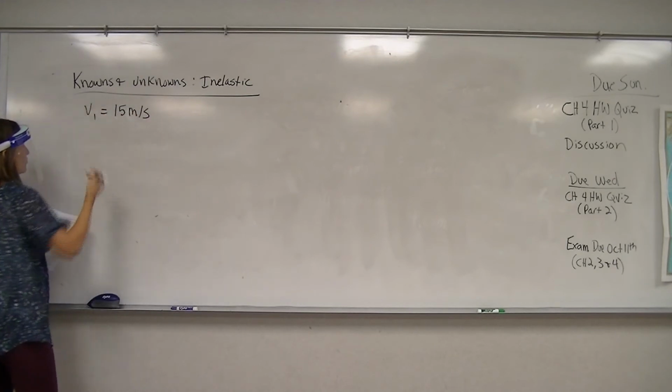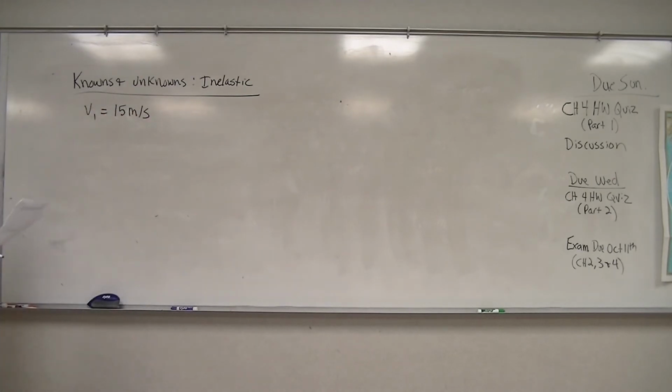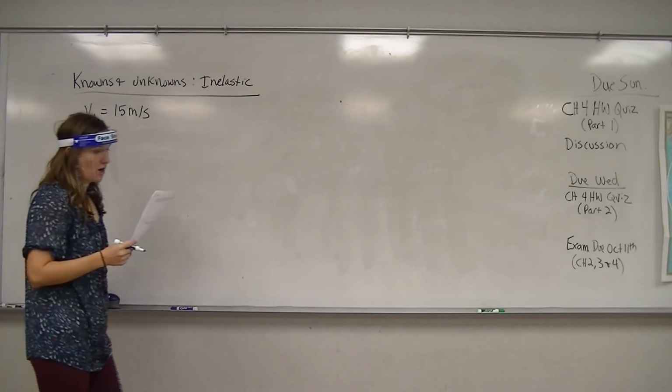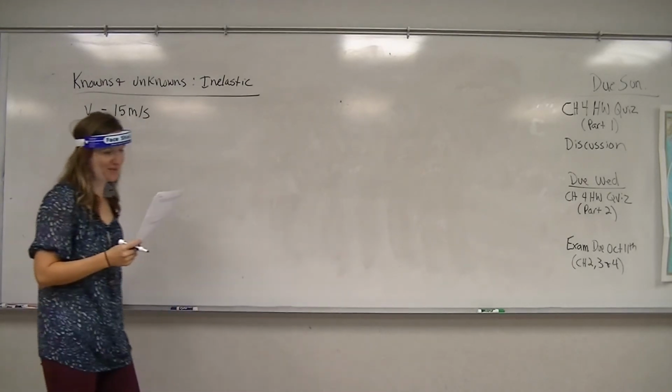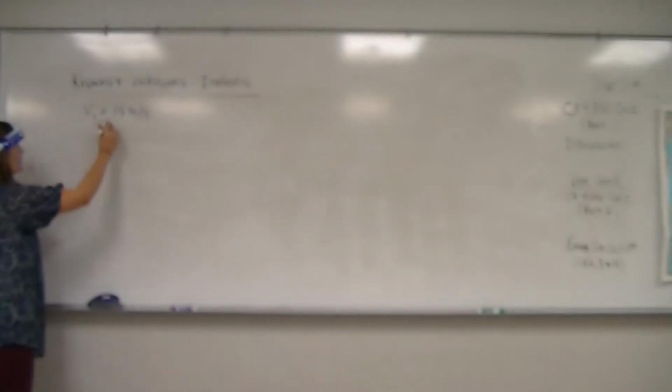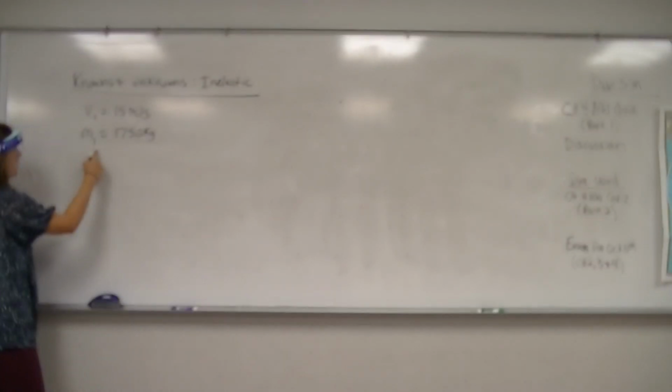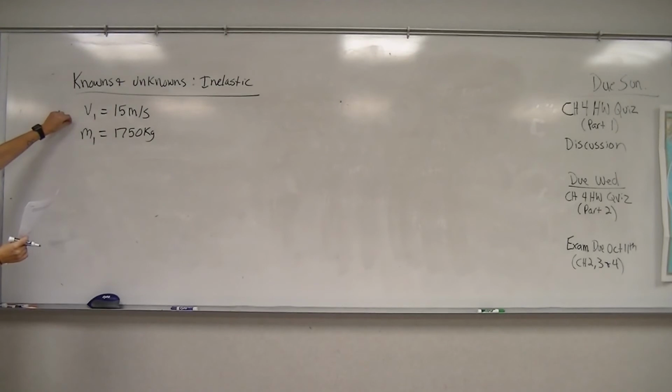So I'm going to call it V1, just because it's the first velocity I ran into. The first car has a mass of 1,750 kilograms. That's M1 because it's the mass of the first car, and that first car has a velocity of 15. So those two go together. That's how we can figure out that car's momentum.